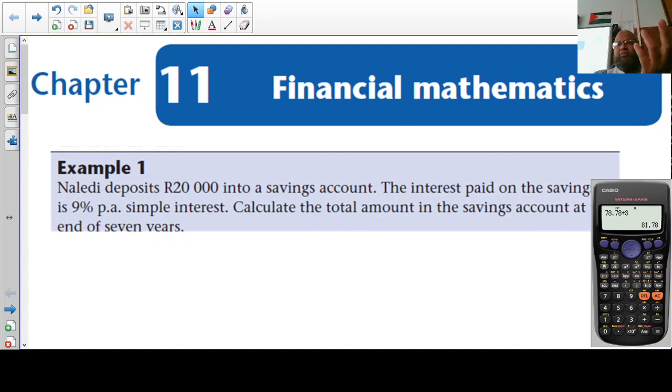So if for argument's sake you borrowed 100,000 over 5 years, you will pay them back 160,000 over that 5-year period. If you borrow R1,000,000 over 20 years to buy a house, you will pay them back minimum 2.6 million. That is what interest is, and it's added to that.